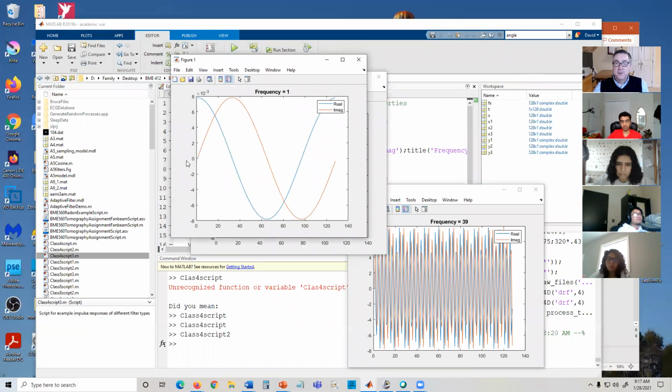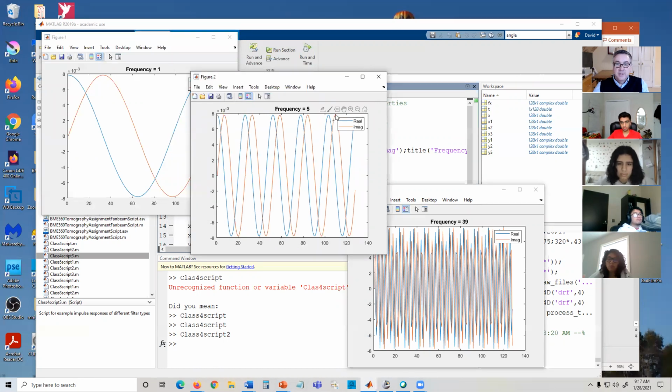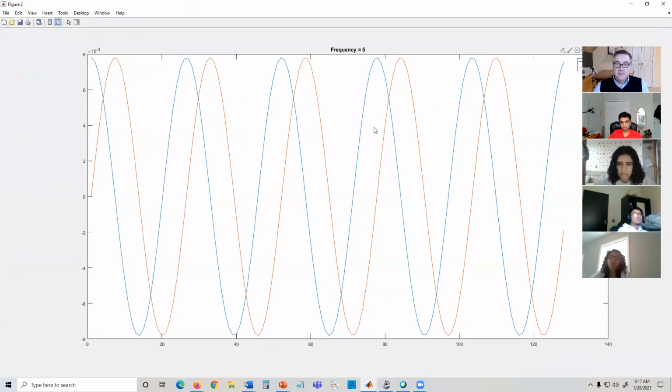And it completes one full cycle. I think that's important to note. The frequency equal to 5 element goes 1, 2, 3, 4, 5, and completes 5 full cycles of a sinusoid in the recording period, whatever the recording period happens to be. In this case, it's 128 samples long. We didn't say what the real time associated with that is.